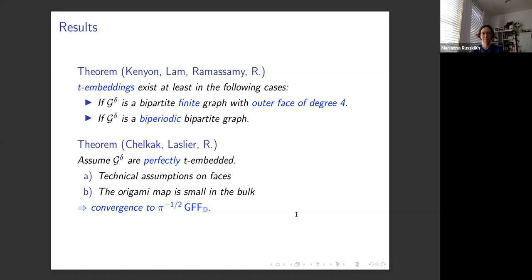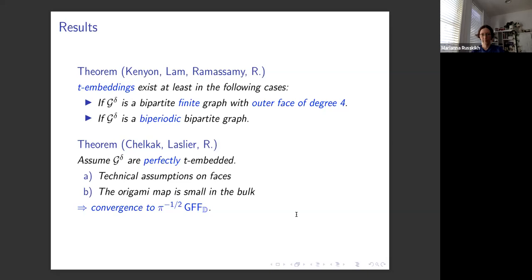Mm-hmm. I see. So I was curious, because you can view the inverse Kasteleyn matrix as basically a determinantal point process kernel, you can think of this as a determinantal point process where the kernel is characterized by some sort of discrete differential equation.